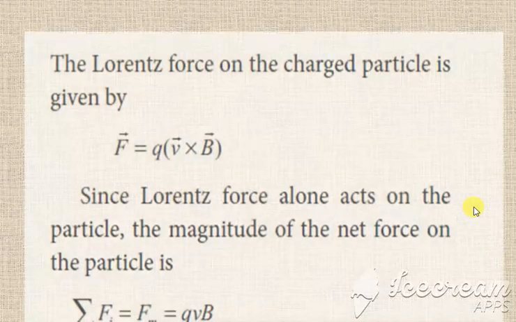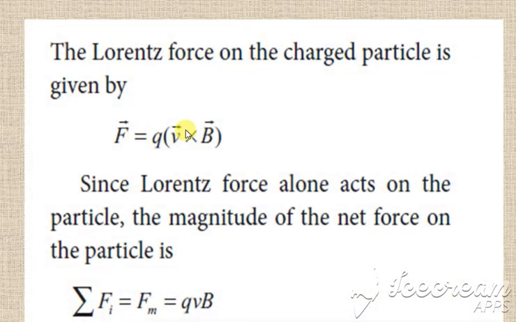Take that formula. Now remove the vector forms so that it becomes F is equal to Q V into B. As I have told you at the first itself, whenever the particle is moving in the magnetic field, so this is a magnetic field, any particle, if it is entering into the magnetic field, what happens? It moves in a circular path.